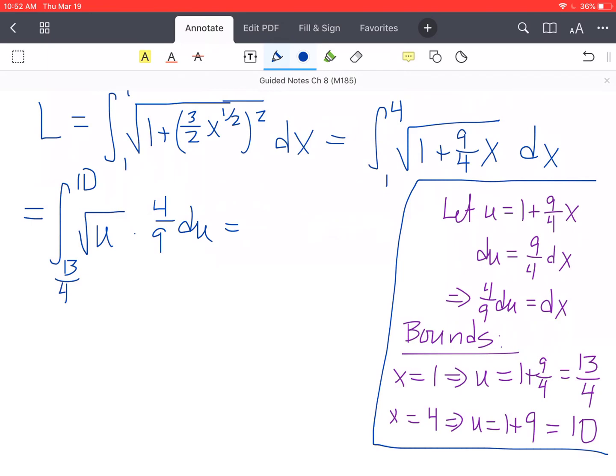So the 4/9 is just a constant multiple, so that's out there. 4/9 times the antiderivative of the square root function, so you're undoing the power rule, but that's 2/3 u to the 3/2, and that's being evaluated from 13/4 to 10.